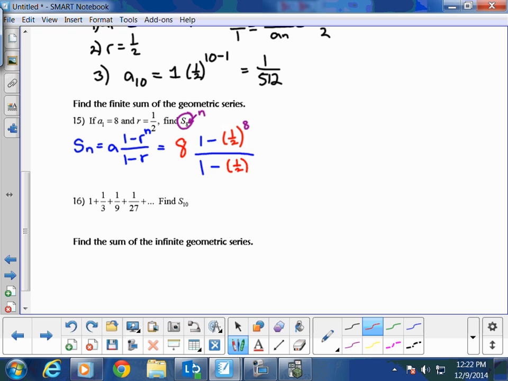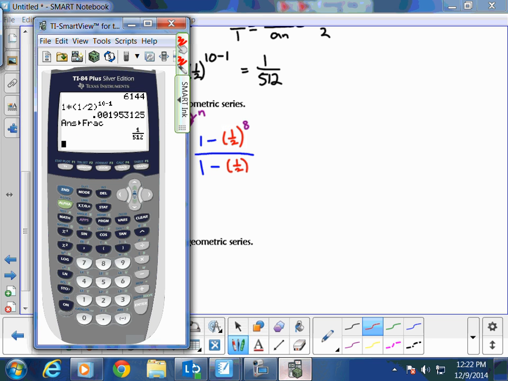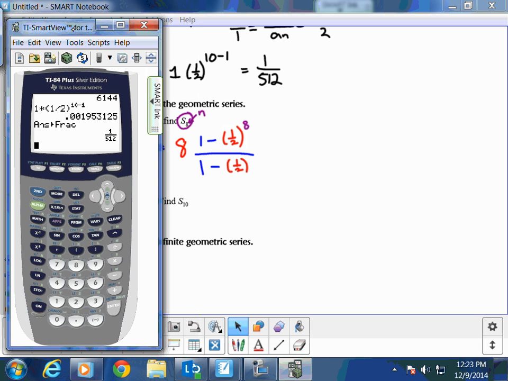So if you notice, I did the substitutions in red and purple. And from here, all you need to do to find out the finite sum is to actually just calculate it. So let's go ahead and calculate this. I'm going to have 8, I'll put double parentheses in this case. 1 minus 1 divided by 2 raised to the power of 8.